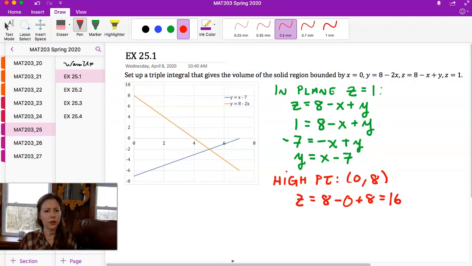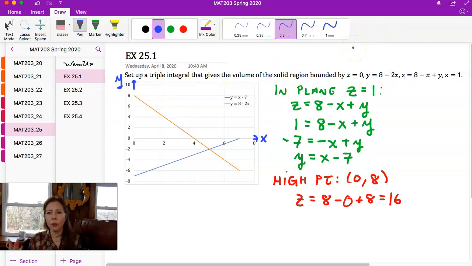Let's start to consider a cross-section first of our bounds, similar to what we were doing with double integration. Looking over here, we have y and x.